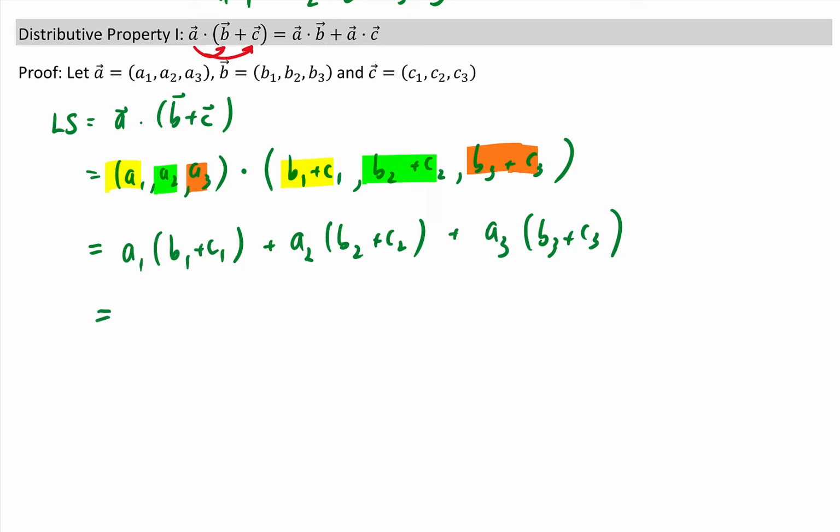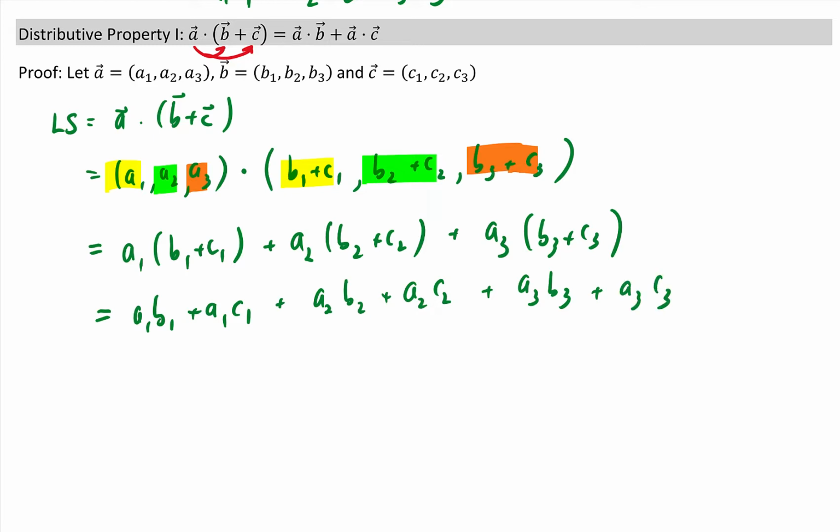Next, we just distribute. So I have A1B1 plus A1C1 plus A2B2 plus A2C2 plus A3B3 plus A3C3.